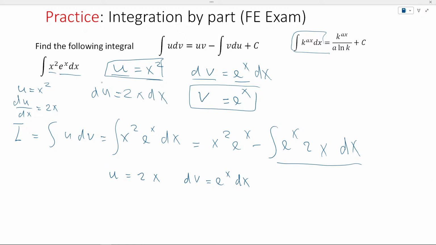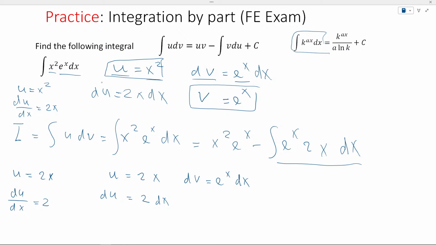Now my du is equal to 2dx, because remember, my u is equal to 2x, du over dx is equal to 2, then du is equal to 2dx.